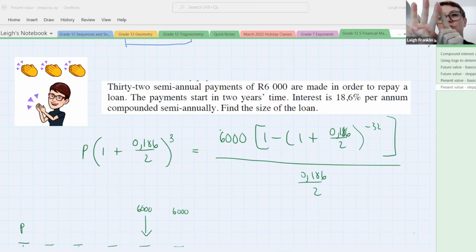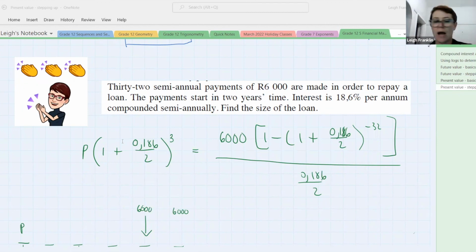So the loan has to grow for 1.5 year. Okay, so that means it's going to grow for 3 half years before the payments start, because there has to be a gap of 1.5 year. All right, so that's why to the power of 3 half years, and then there are 32 payments.